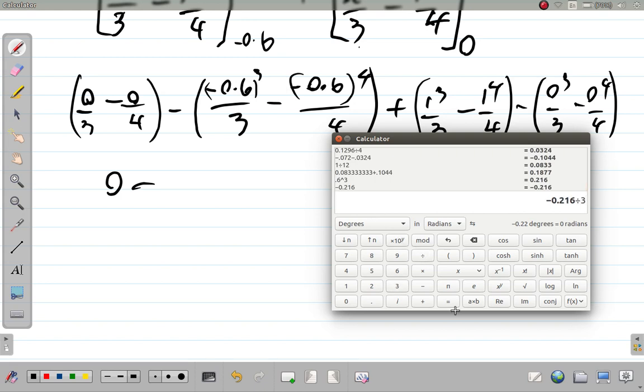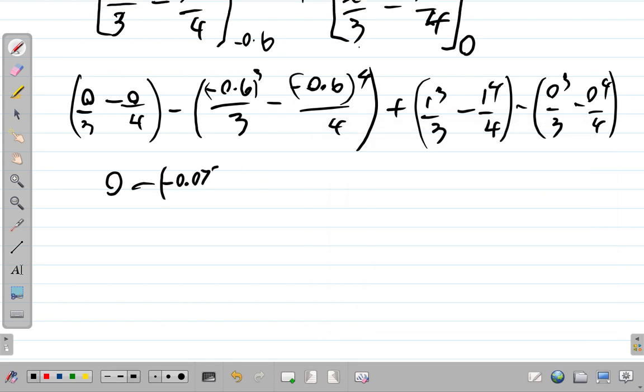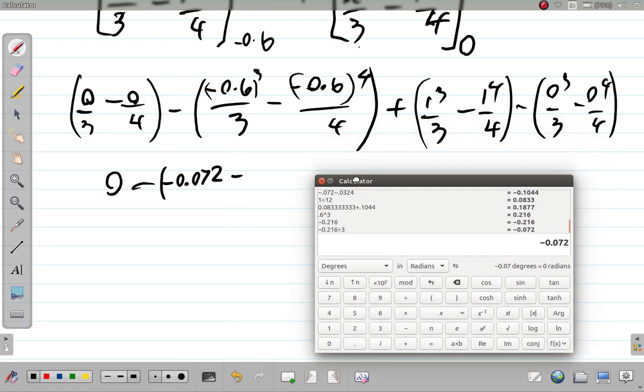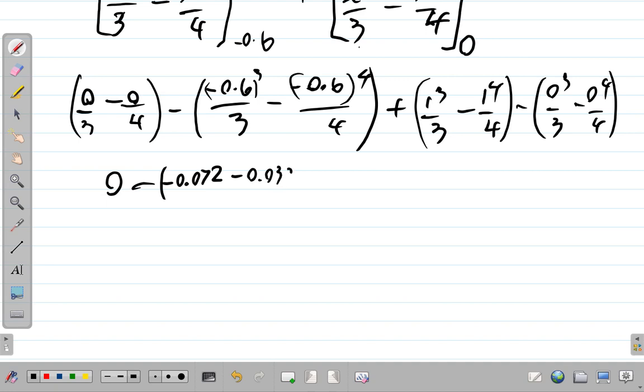That over 3 gives us negative 0.072. So you have negative 0.072 minus 0.6 to the power of 4, and the answer will be positive. Put that over 4 and we get 0.0324. So it's minus 0.0324.